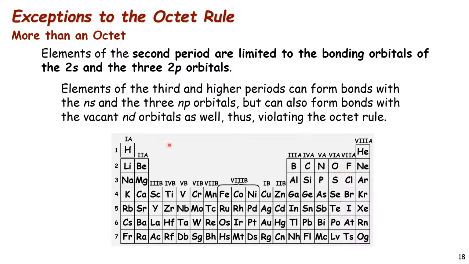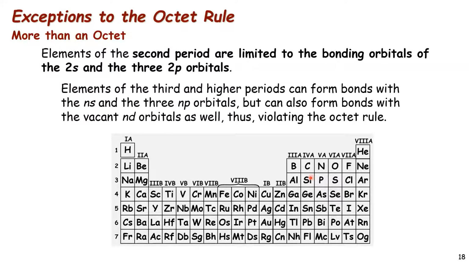But once we get to the 3rd period and beyond, so for n equals 3, our allowed L values are going to be 0, 1, and 2. Well, that's the s, p, and d orbitals. So for these guys over here, we can make the normal 4 bonds using the s and the 3p atomic orbitals, which we're going to see later on morph into molecular orbitals.